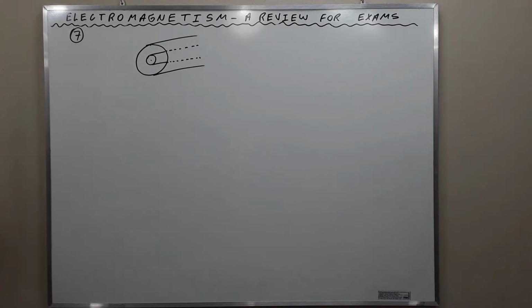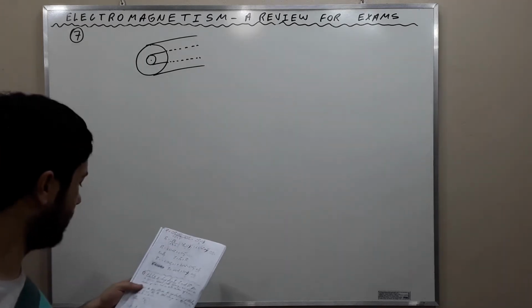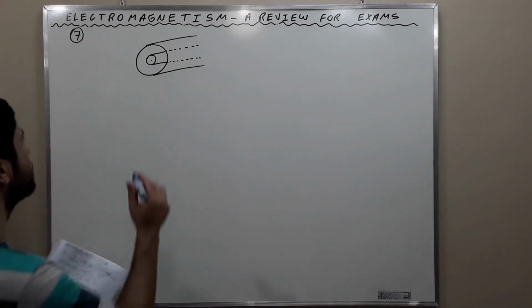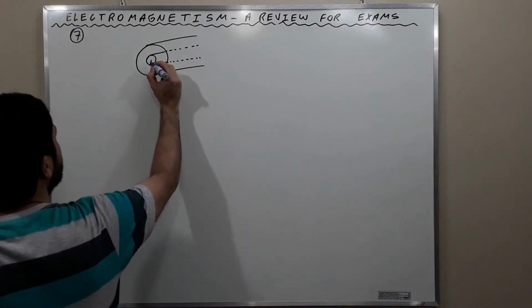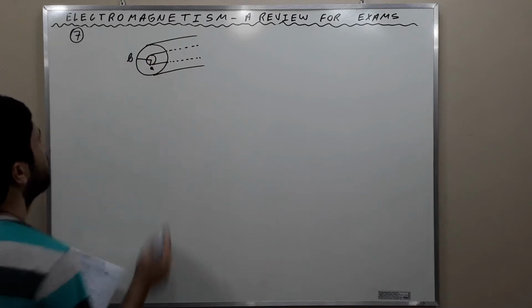Assume the space between the conductors is filled with air and that the total charge on the inner conductor is 30 nanocoulombs. Okay, this is the configuration. The inner radius is a and the outer radius is b.